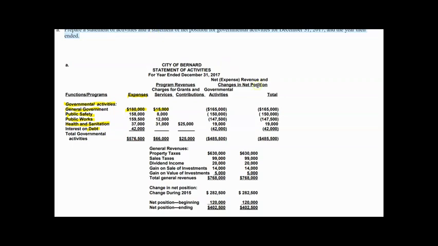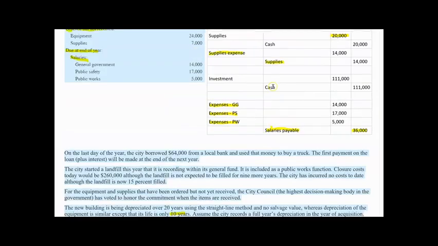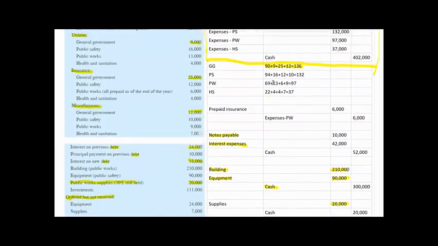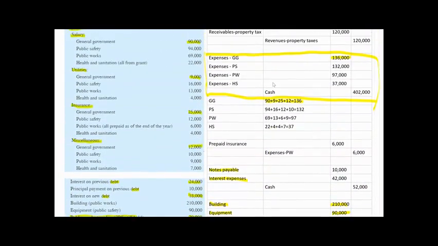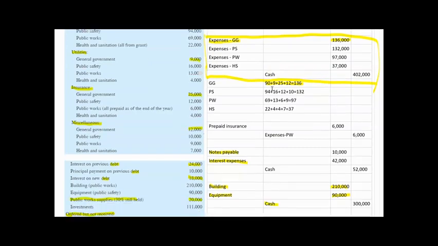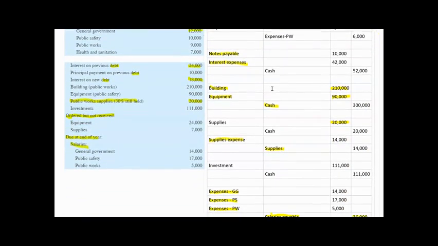For example, for general government, when we prepared the expenses, we had 136,000. That's one subtotal that includes salaries, utilities, insurance, and miscellaneous. However, there are some other expenses related to general government as well. For example, they will have this additional salary expense for the general government.